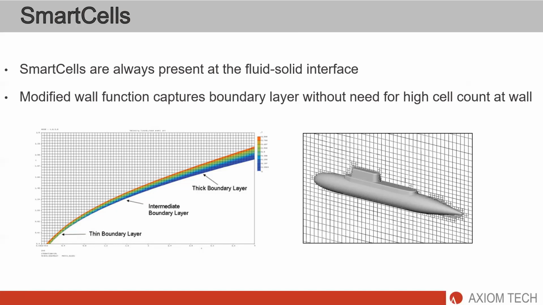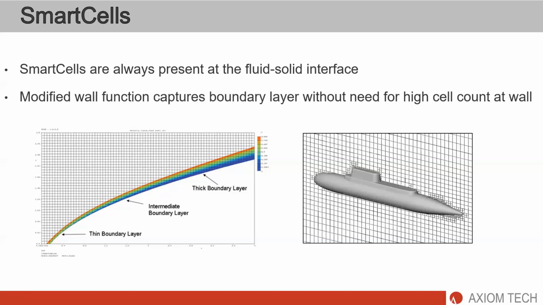There is also always a smart cell between fluid and solid, because this is where the wall of the geometry is, and therefore where the boundary layer is. This allows for a structured mesh around the geometry without the requirement for a special boundary layer mesh. Smart cells simulate the boundary layer without the requirement of a fine grid at the wall.